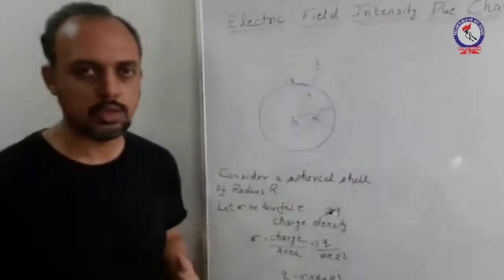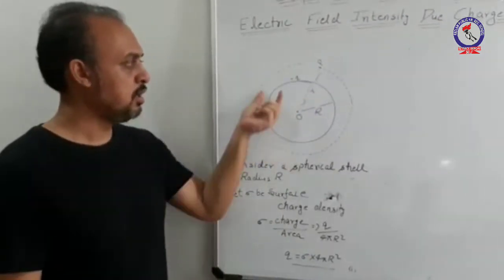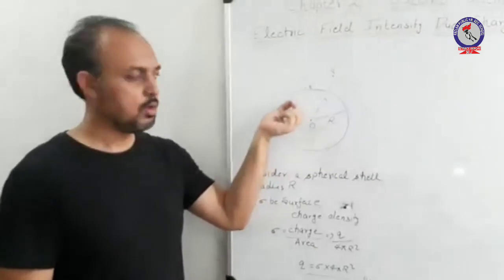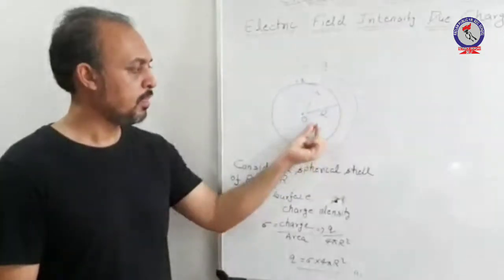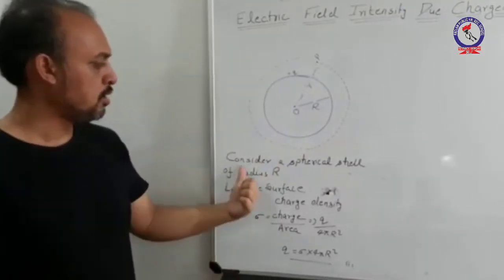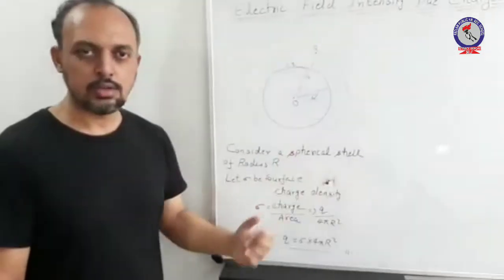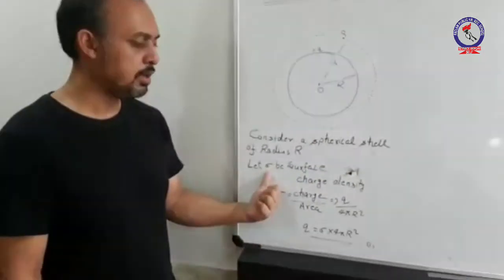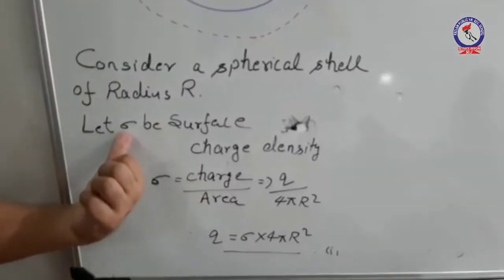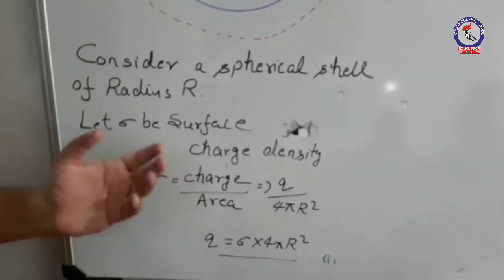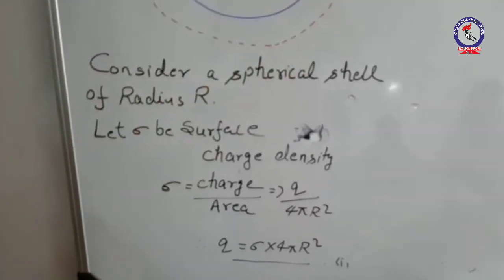Let us go through the basic concept, as I have just discussed, that it is a shell carrying charge plus Q on its surface, having a radius capital R. Consider a spherical shell of radius R. Let charge density be uniform, denoted by sigma, representing the surface charge distribution over the sphere.